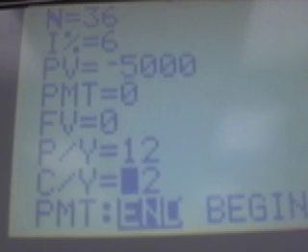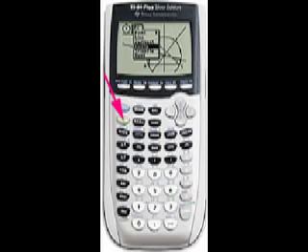The last thing we have to do is move the cursor into the position we want to solve for, namely the FV position, and press alpha solve. The alpha key is the key immediately above the math key. You will find solve on the right above the enter key, color-coded to match the alpha key.